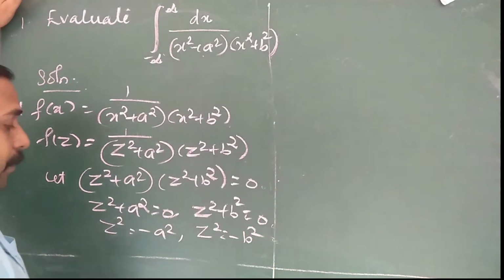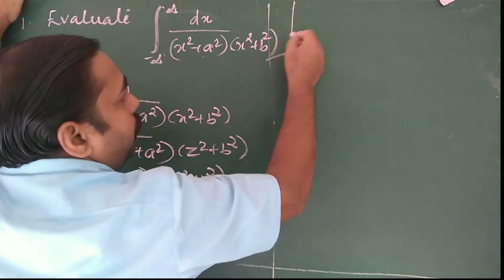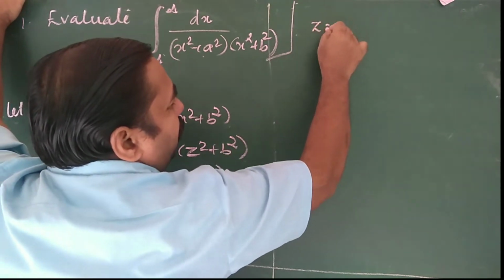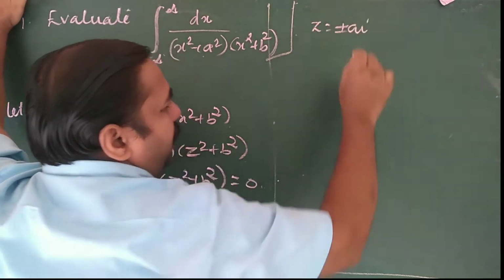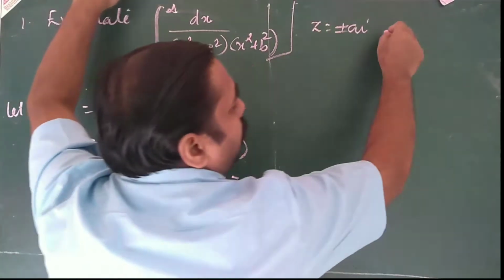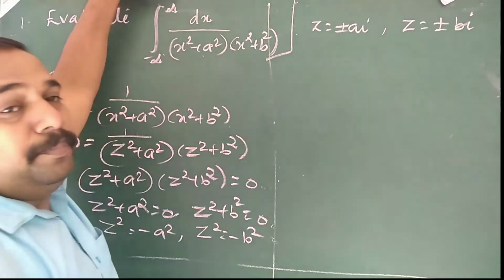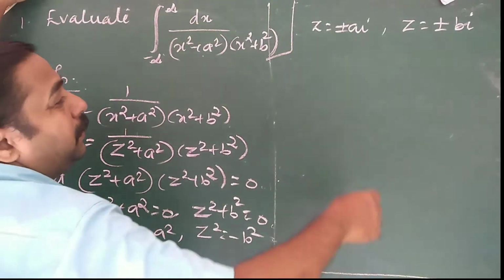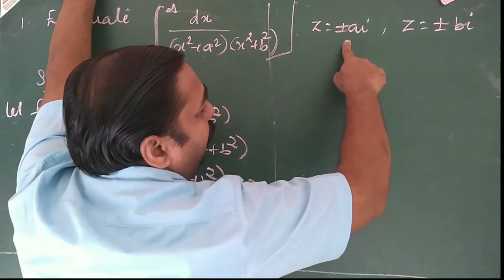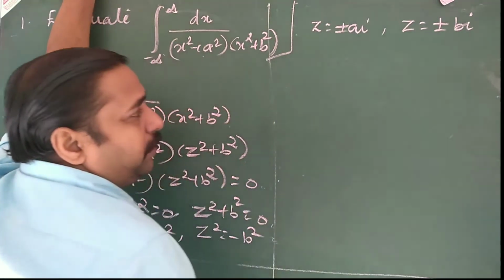So that is z equal to plus or minus ai, because there is one minus, and z equal to plus or minus bi. So this is fully imaginary. This is also fully imaginary.